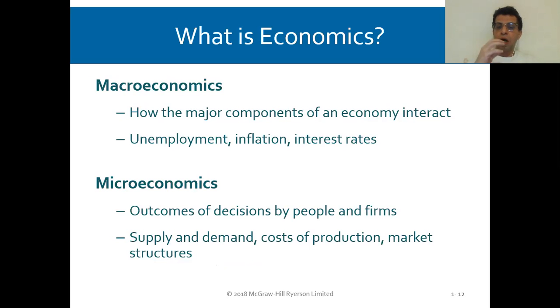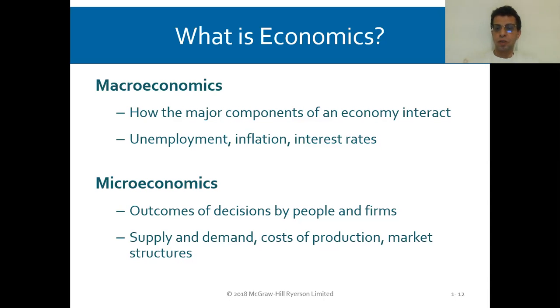In macro, how the major components of an economy interact, like unemployment, inflation, interest rate. I assume you have taken the macro class with me or somebody else, and it's basically the whole picture in a way.